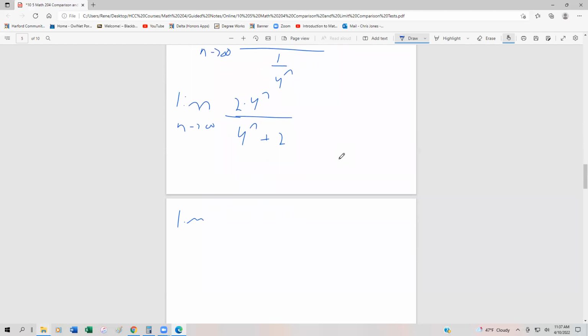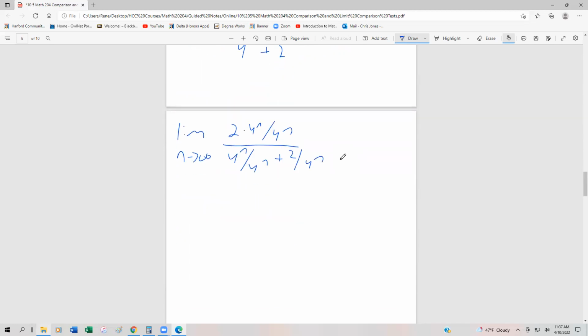So this is going to be the limit as n approaches infinity of 2 times 4 to the n over 4 to the n, divided by 4 to the n over 4 to the n plus 2 over 4 to the n. And finally, we simplify, and we end up with the limit as n approaches infinity of 2 in the numerator, 1 as this term, and then 2 over 4 to the n. Now we apply the limit to this little guy right here. That goes to 0, and ultimately this is 2.